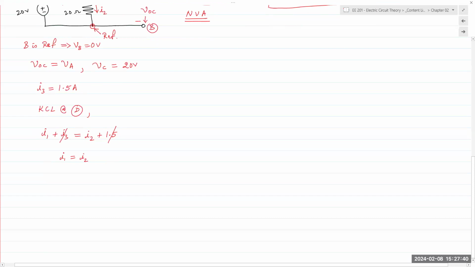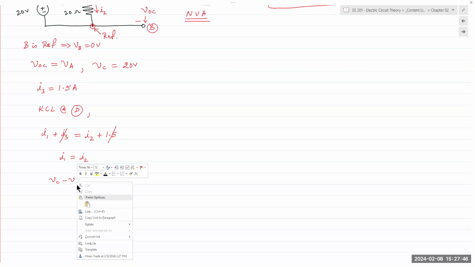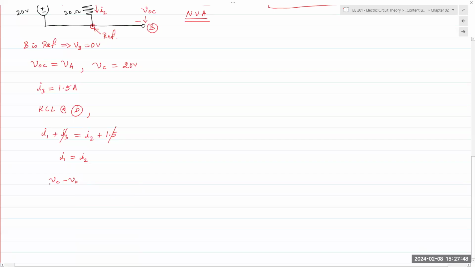If I1 equals I2, I apply Ohm's law and expand it in terms of the node voltages. I get VC minus VD divided by the 5 ohm resistor, and this would be equal to I2, which is VD minus VB divided by the 20 ohm resistor.